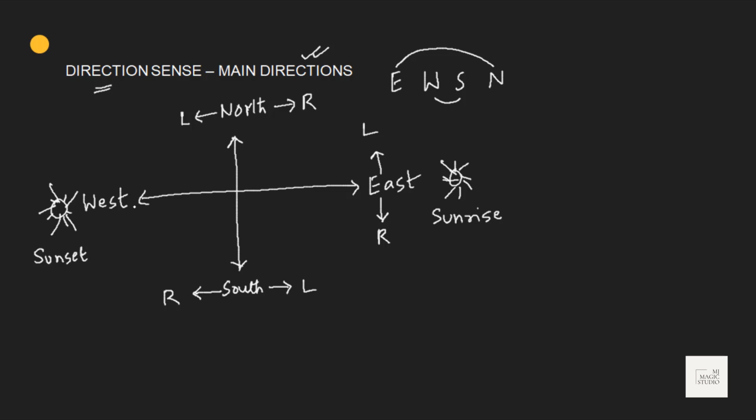And when facing north, left is towards the west and right is towards the east. So these are a few basic things which we should know. We have 4 main directions, and movement of left and right whenever we are facing a particular direction. And yes, important questions are also asked on sun and shadow, where the shadow would be. So the sun rises in the east and sets in the west.